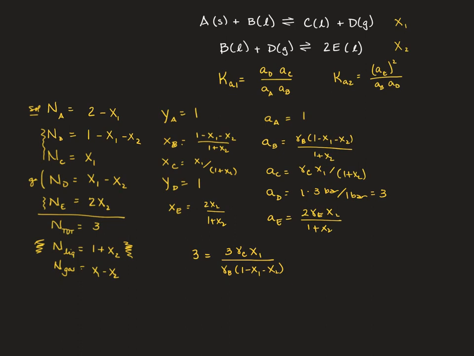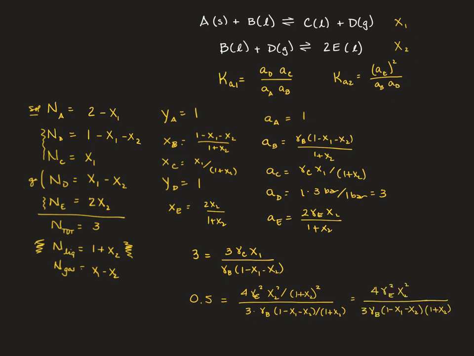And for the other equation, we have 0.5, the K2 value, is 4 gamma E squared x2 squared over 1 plus x2 squared, over 3 gamma B times 1 minus x1 minus x2 over 1 plus x2 squared, and we can simplify that slightly as this expression here. So one of the 1 plus x2's cancels top and bottom.